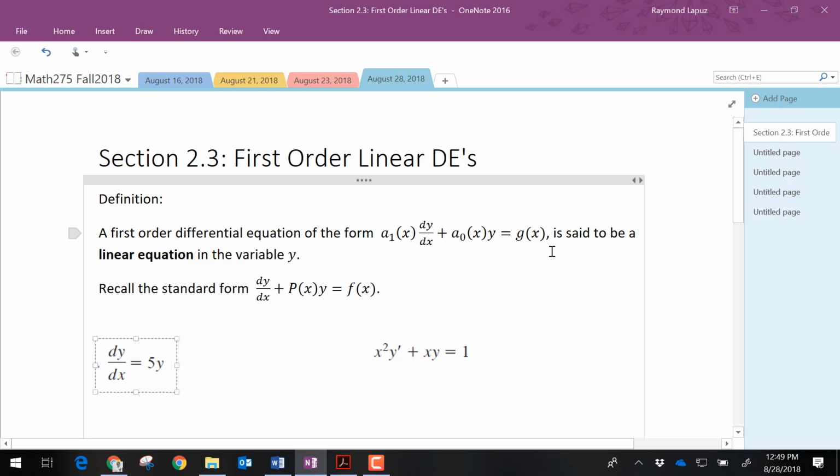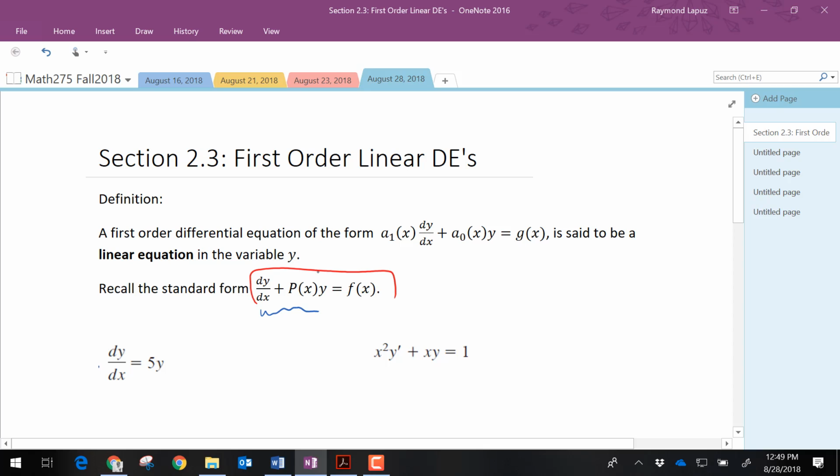So what we want to do is look at this form and say the left-hand side, if you look at the y prime and the y, kind of looks like a product rule. It doesn't really, but let's pretend it looks like a product rule and say, derivative of the first times the second plus the first times the derivative of the second.